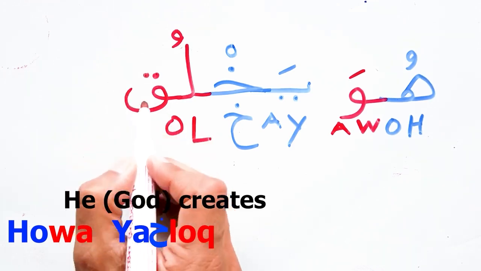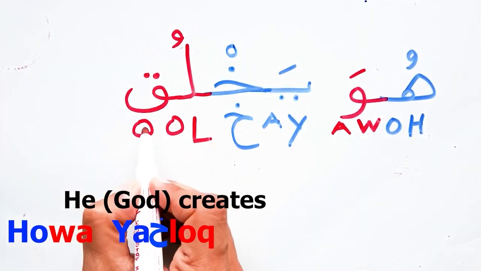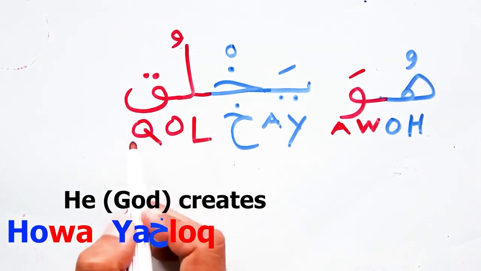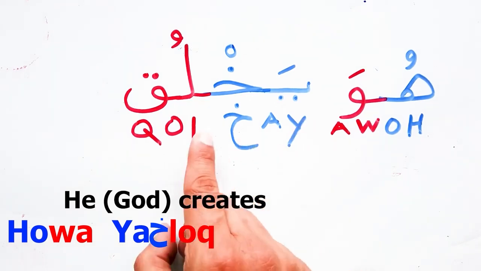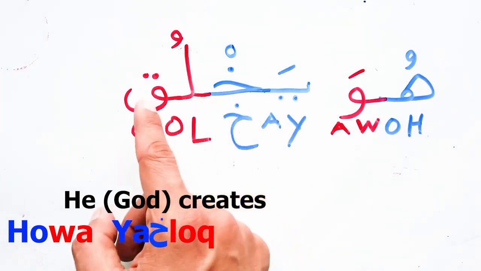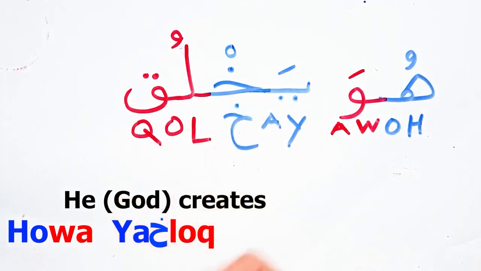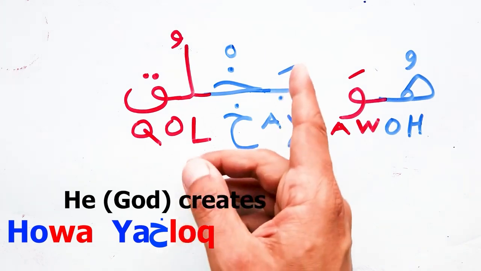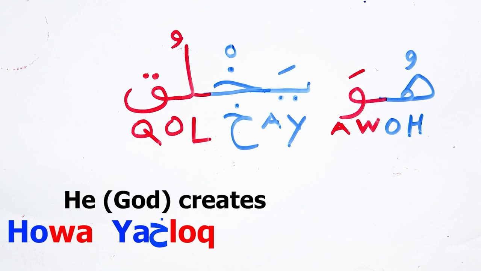The sound of this letter doesn't exist in English. It sounds like a strong K. Let's write it like Q. Luqqa. It's not k, it is q. Yakhluq. Don't forget the sound of this letter. It's like the same sound of snoring. Yakhluq. هو يخلق.